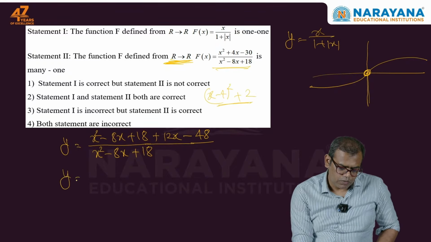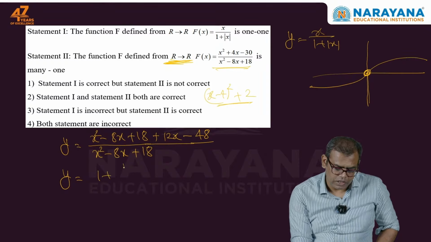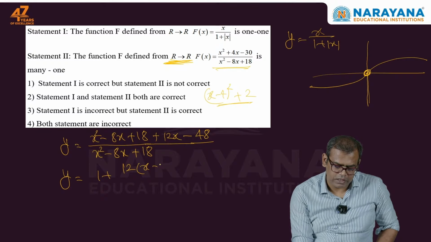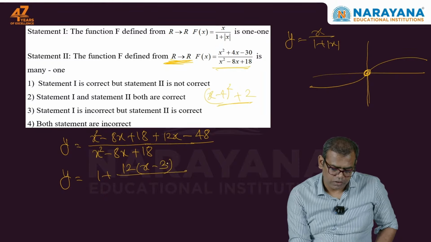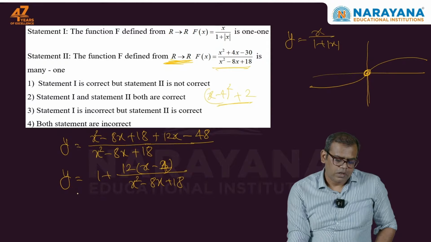So rearrange it now. y is equal to, separate it now, this is 1 plus, and 12 is common. If I take 12 common, then x minus 4 will come, right? And in the denominator is x square minus 8x plus 18, right? And 1 is added.